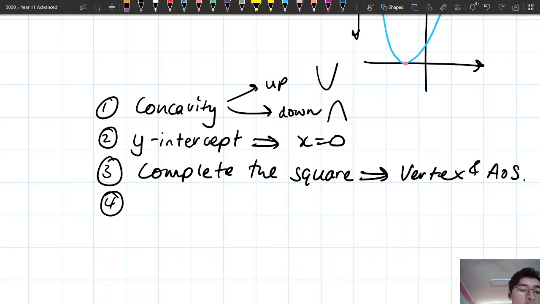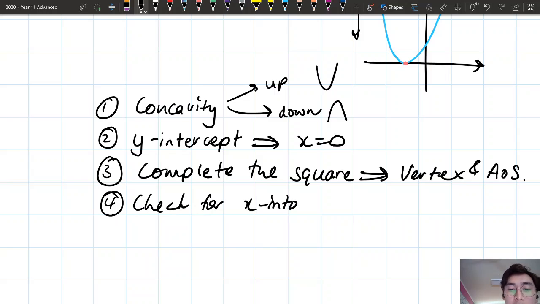Once I've done that, I'm not going to need a step 5, because I'm then just going to check for x-intercepts by substituting y is equal to 0. So when graphing a parabola by completing the square, these are the 4 steps I'm going to use. Let's have a go at this first example.